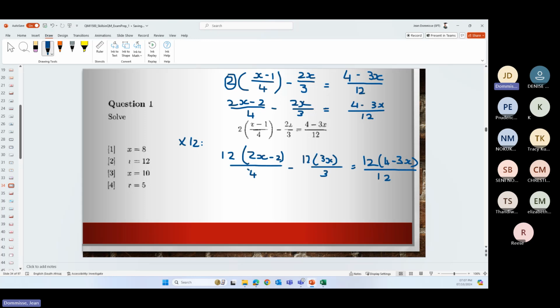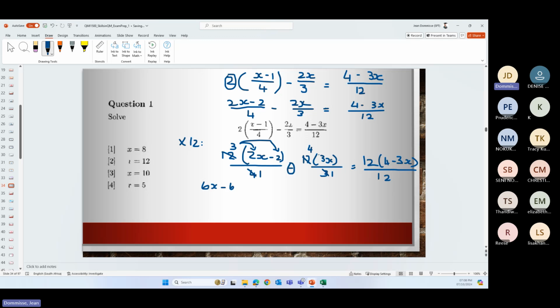So 4 goes into 4 once, 4 goes into 12 3 times, and then we can multiply that out. So 3 times 2x is 6x, 3 times minus 2 is minus 6. Then I'll do the same for the next one. 3 goes into 3 once, 3 goes into 12 4 times.